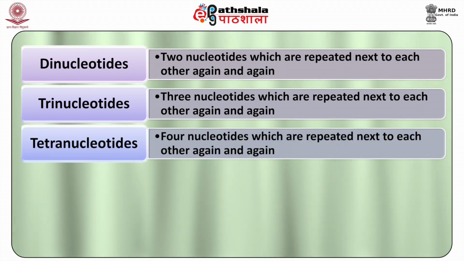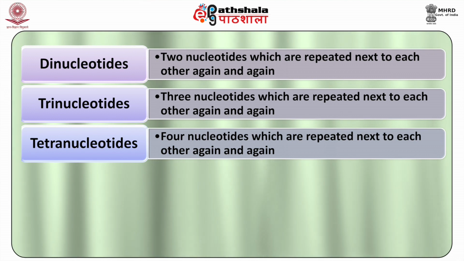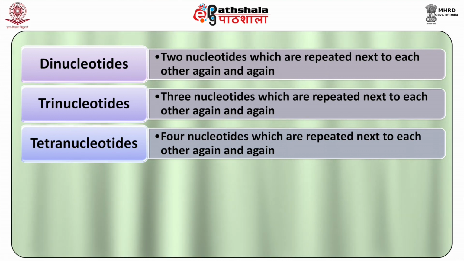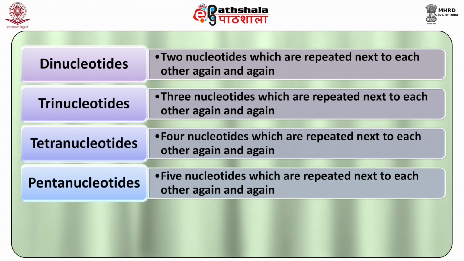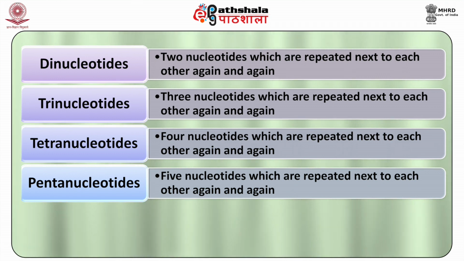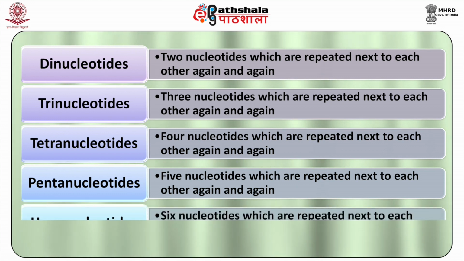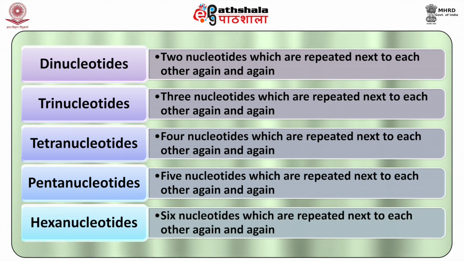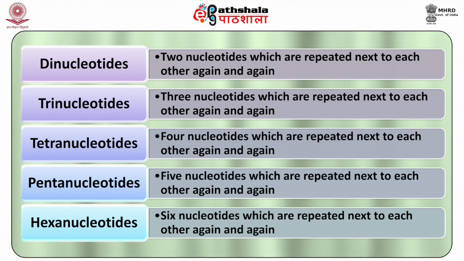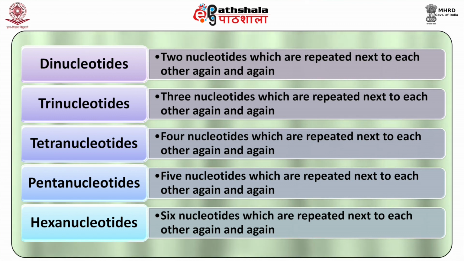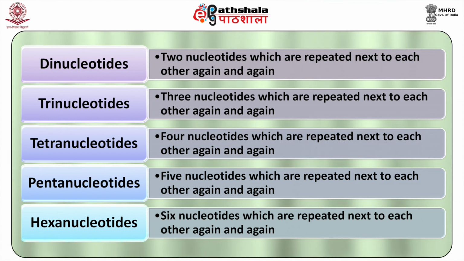Similarly, in tetranucleotides, 4 nucleotides are repeated again and again, and in pentanucleotides, 5 nucleotides are repeated again and again. In hexanucleotides, 6 nucleotides are repeated again and again at a particular site on the chromosome.